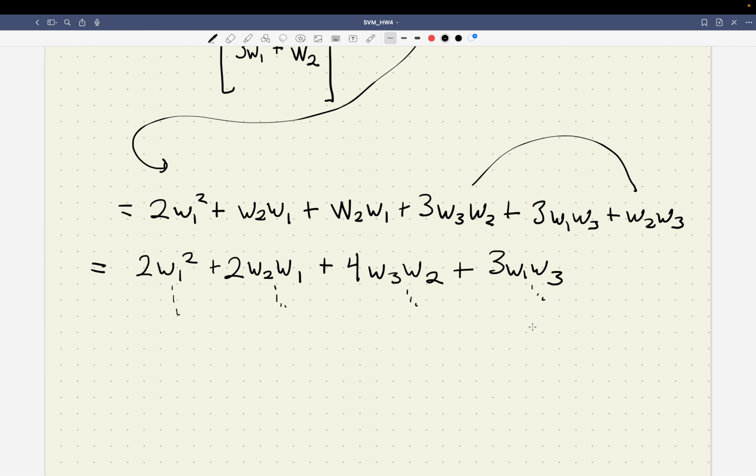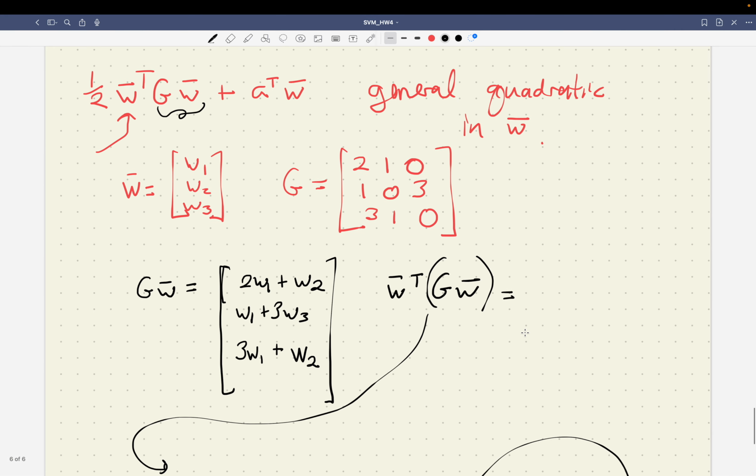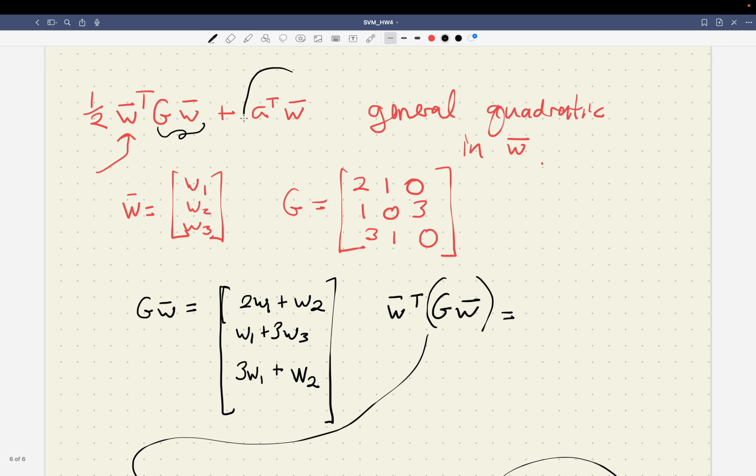So there's this linear part that we haven't included yet. And the linear part is the reason that A times W is there. Let's make up something concrete for A to be. So maybe A is equal to 1, 0, 2. Just make up something generic like that.